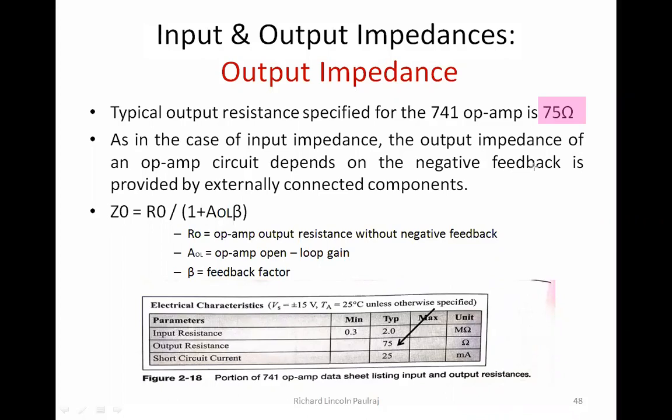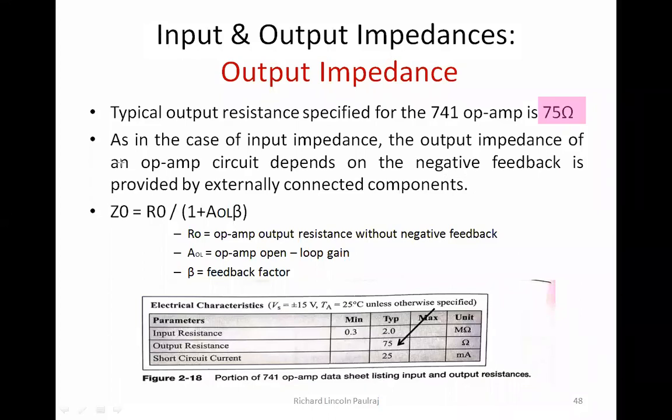Remember, I told you that with the help of negative feedback we are trying to stabilize the output. Yes, sir. So we were able to have fewer oscillations just because of this negative feedback.